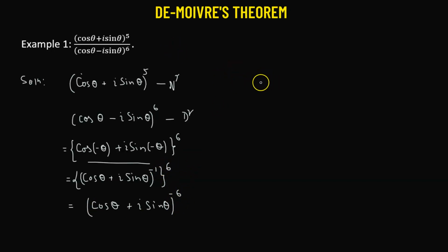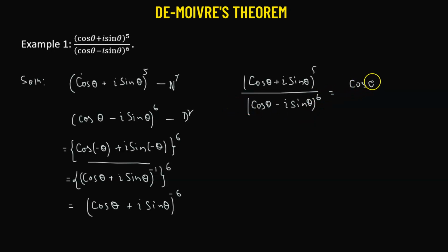Now that means our expression (cos θ + i sin θ) raised to the power of 5 divided by (cos θ − i sin θ) raised to the power of 6 can also be expressed as (cos θ + i sin θ) raised to the power of 5, and the denominator can be expressed as (cos θ + i sin θ) raised to the power of negative 6.